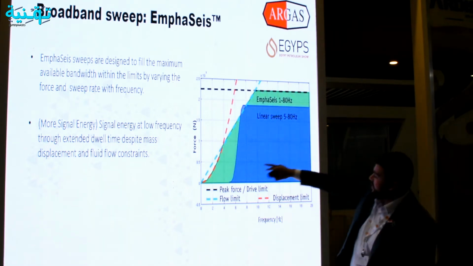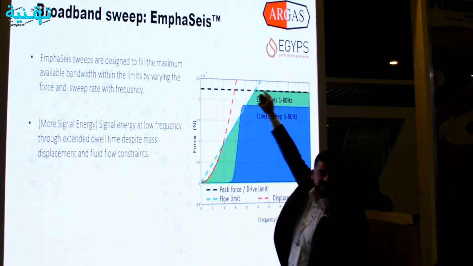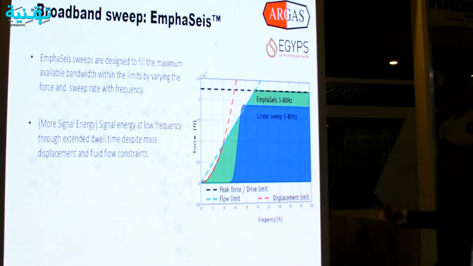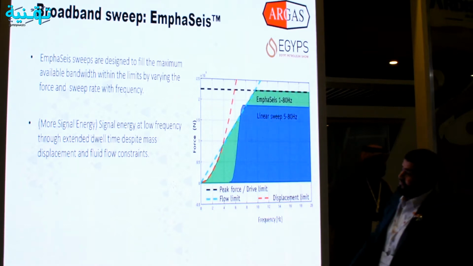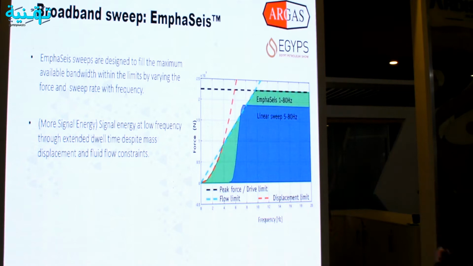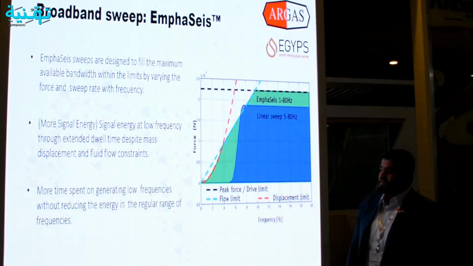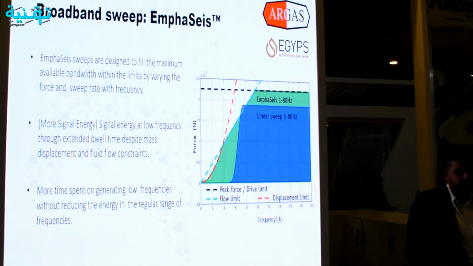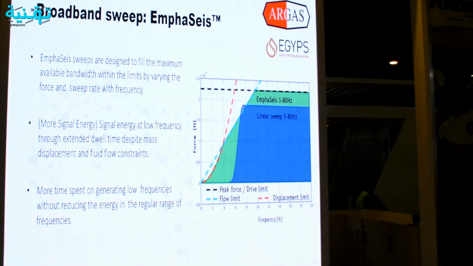So we have both, and here are the mechanical limits of the vibrator. As we can see from the picture, we have added more signal energy at low frequencies, despite mass displacement and flow constraints. So more time is spent on generating low frequencies without reducing the energy in the regular range of frequency.